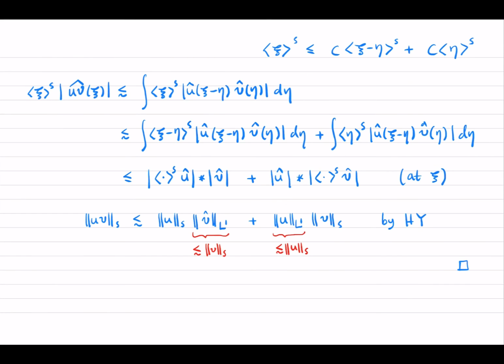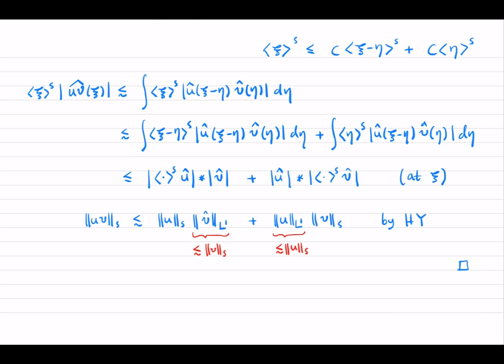So now let's look at the Fourier transform of the product multiplied by the correct weight function for the H^s space. And the Fourier transform of the product is a convolution in the Fourier space. So this can be bounded by this integral here. Then we use our inequality. So we have these two parts.